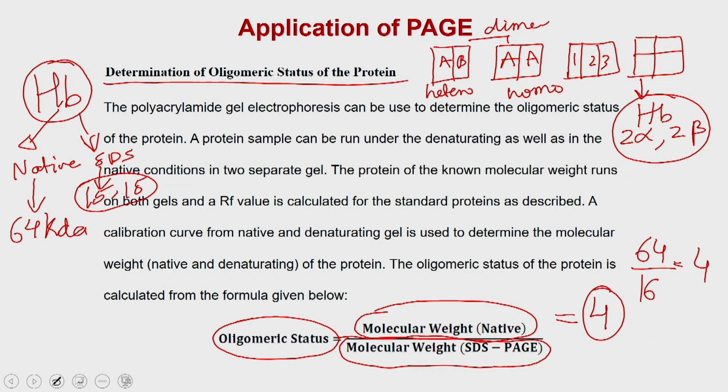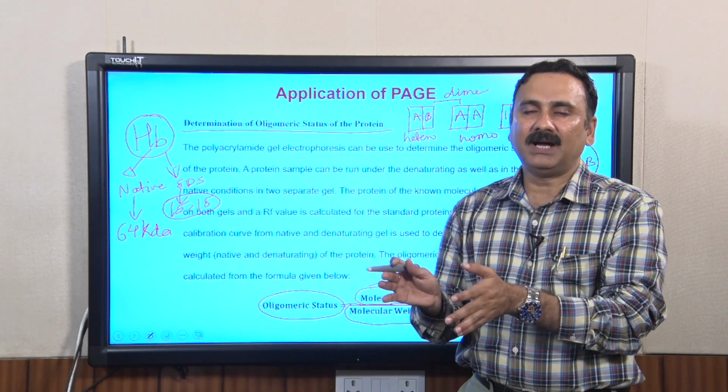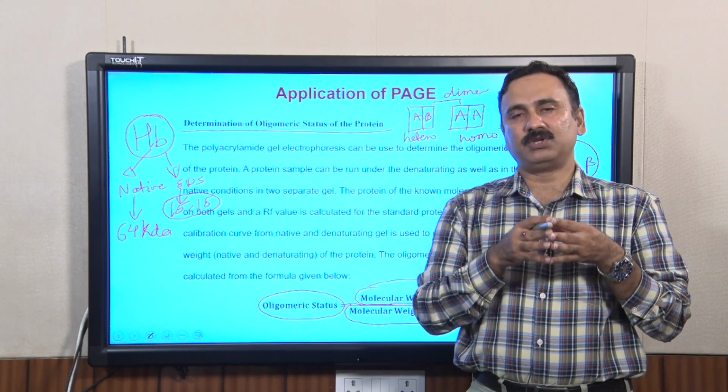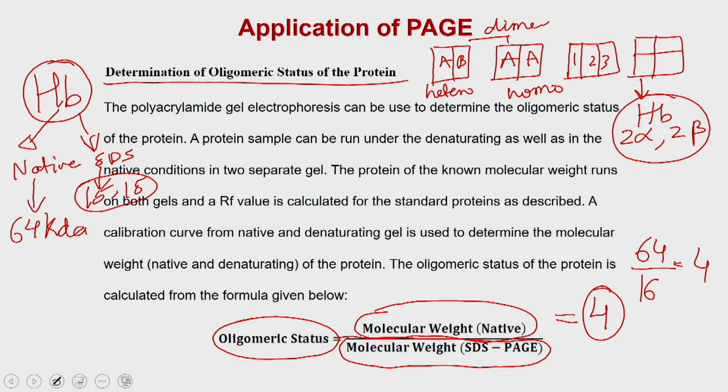That means I have produced hemoglobin which actually contains 2 alpha and 2 beta, and that is how it shows an oligomeric status of 4. And since we have already verified on the SDS page that you are getting 2 bands, one of 15 kilodalton, another of 17 kilodalton, which is actually averaging to 16.